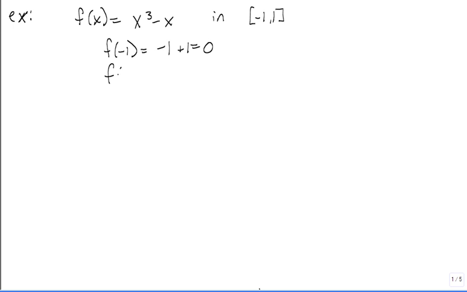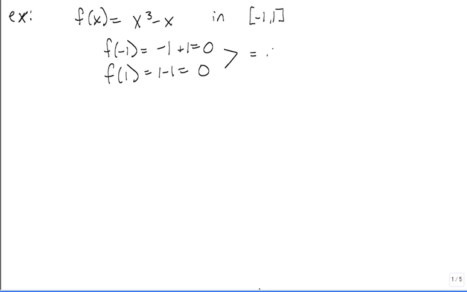Okay, so here's an example of that. Here is f of x is x cubed minus x in the interval -1, 1. f of -1 equals -1 plus 1, which is 0. f of 1 is 1 minus 1, which is 0.